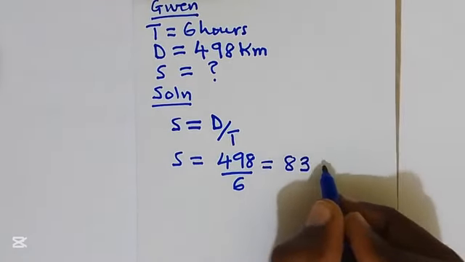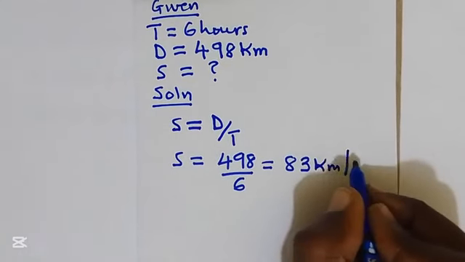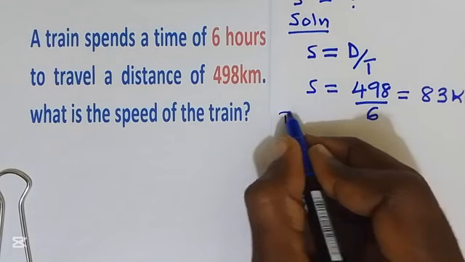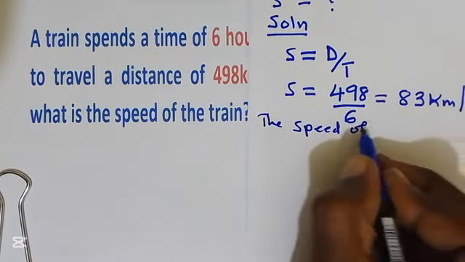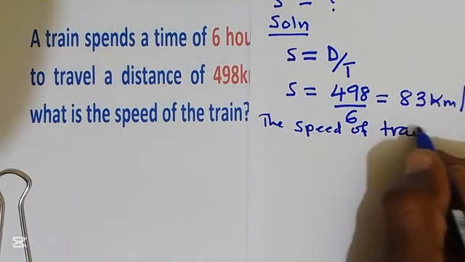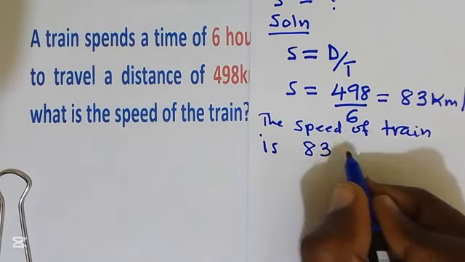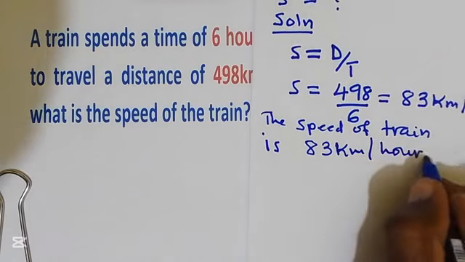This is speed, which is going to be kilometer per hour. The speed of the train is 83 kilometer per hour.